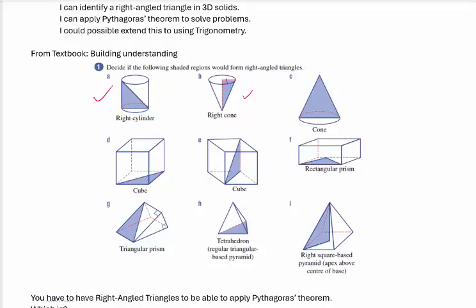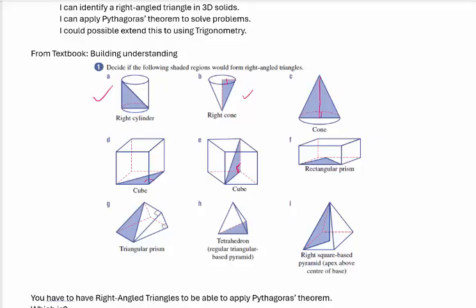Here this isn't a right angle triangle, but what we could do is cut it like that. Now this is a cube, so we know the corner in here is a right angle triangle. Again, it's still a cube, so even though the triangle is looking like it's turned, we can say that that one is a right angle triangle.